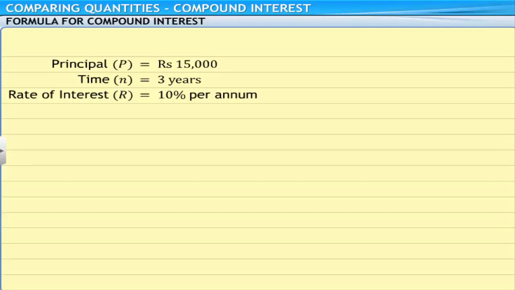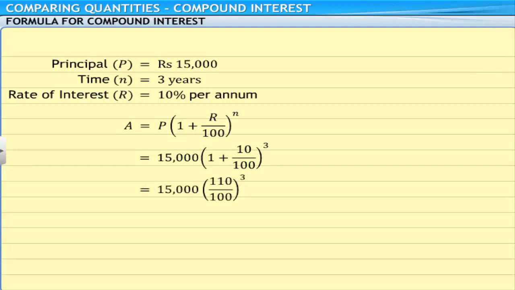Substituting the values in the formula, amount is equal to P into (1 + R/100) to the power n. We get A is equal to 15,000 into (1 + 10/100) whole cubed, which is equal to 15,000 into (110/100) cubed.